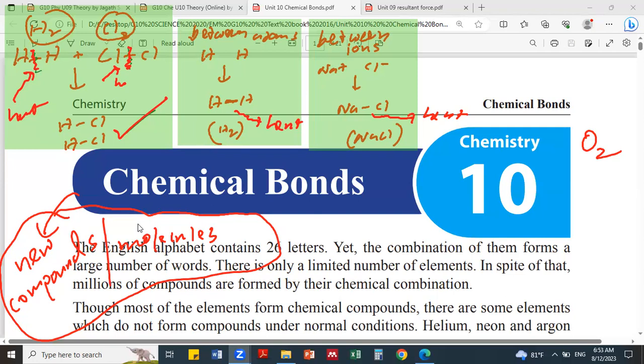The outermost shell is full. They are like religious people, monks or fathers in the church or nuns in a convent. They don't get married, so they stay alone. But the majority don't stay alone.